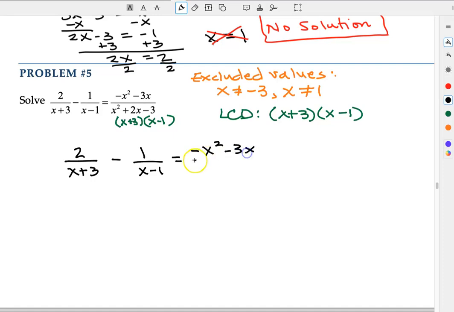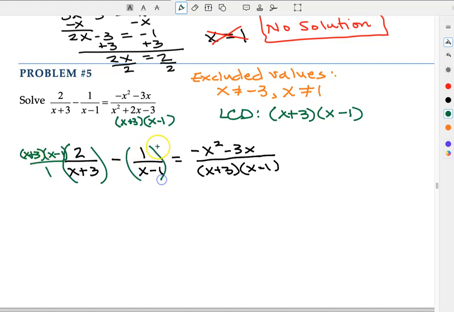Some people ask why you have to write it all out and show what's canceling. That's just the proper way to do it, so you can see where it's being divided out. I want to make sure that you're understanding that. So every single thing is going to be multiplied by x plus 3 times x minus 1.